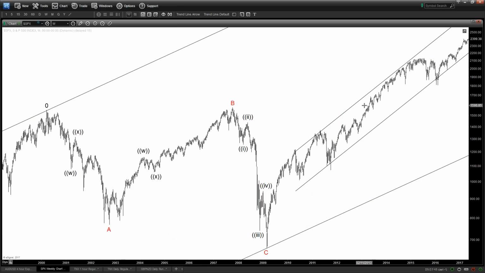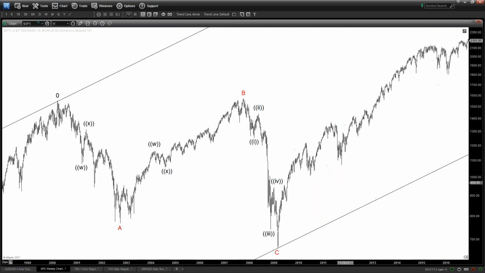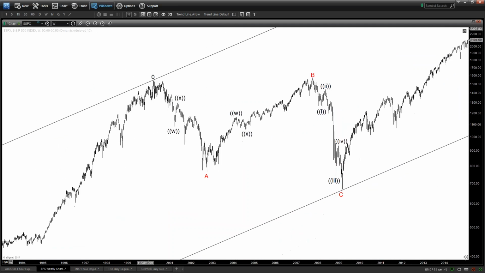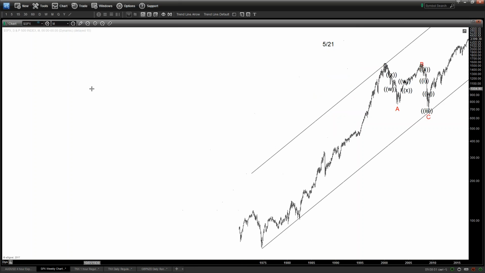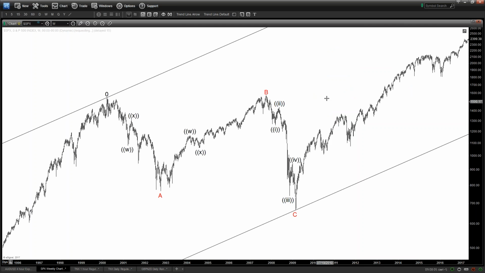Now everybody should know this chart, should be familiar with this chart. This is the S&P. Okay, this is the S&P chart. Now look at this.